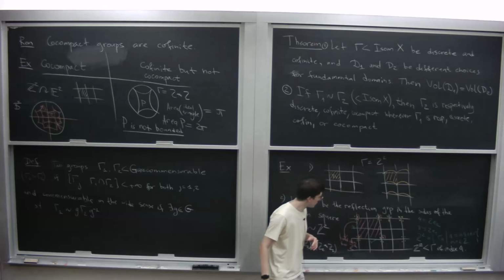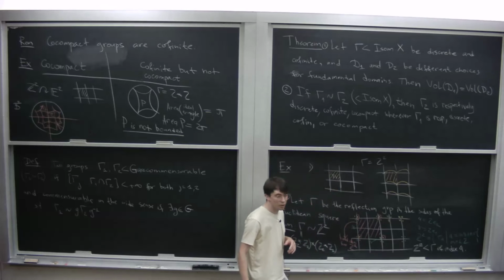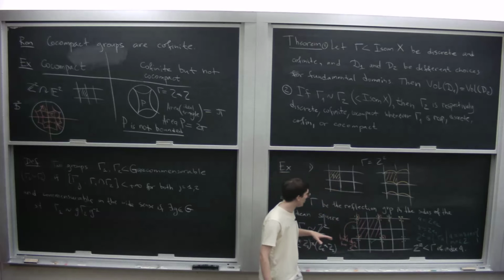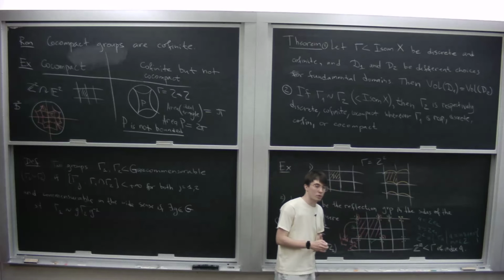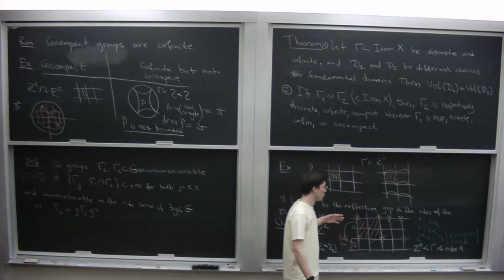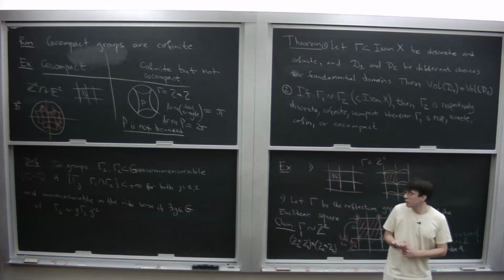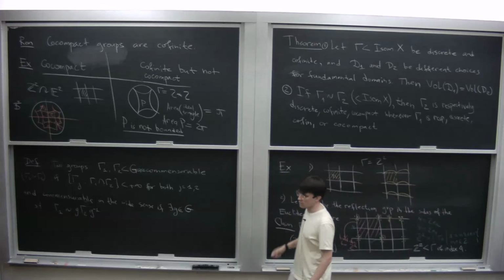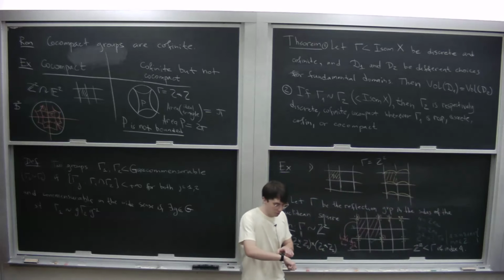So if the index is equal to, say, k, then the fundamental domain of the subgroup will be k times bigger, and the volume will basically be k times bigger, right? Cofiniteness, co-compactness and discreteness are preserved by this.